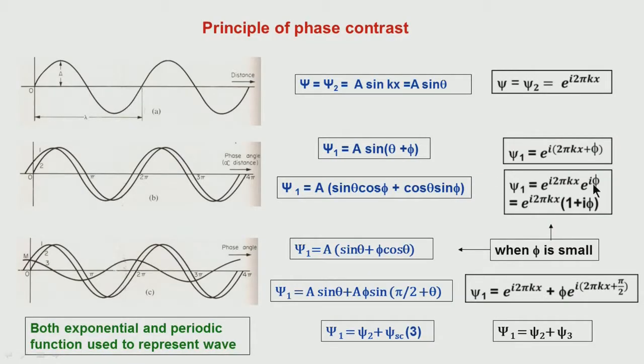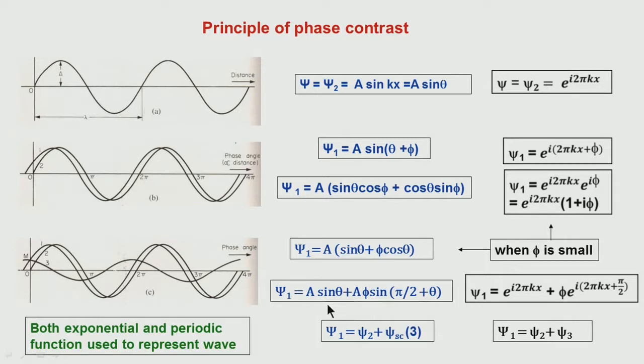The same thing, if we write it in exponential form, turns out to be 1 plus i phi. This can be looked at in a different way. What is cos theta? Cos theta can be represented as sin(pi by 2 plus theta).